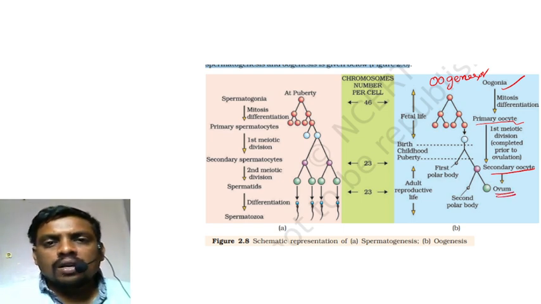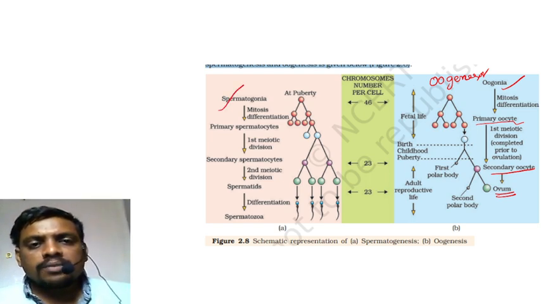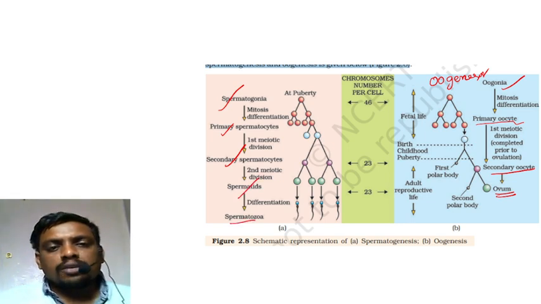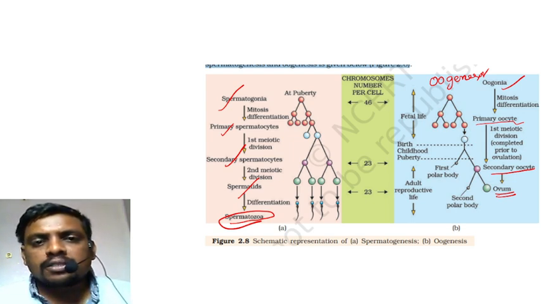Whereas in spermatogenesis, spermatogonia undergo cell division and produce primary spermatocytes, secondary spermatocytes, and spermatids. Spermatids finally produce spermatozoa. You can see the chromosome number at puberty.